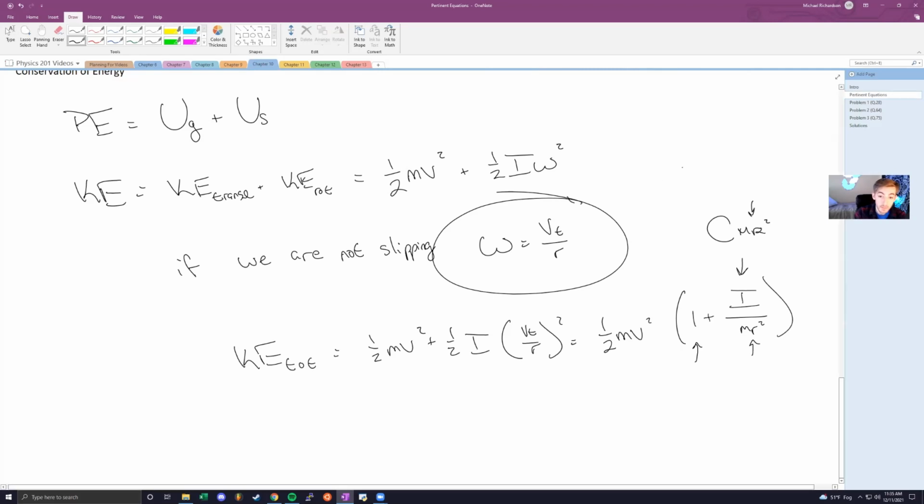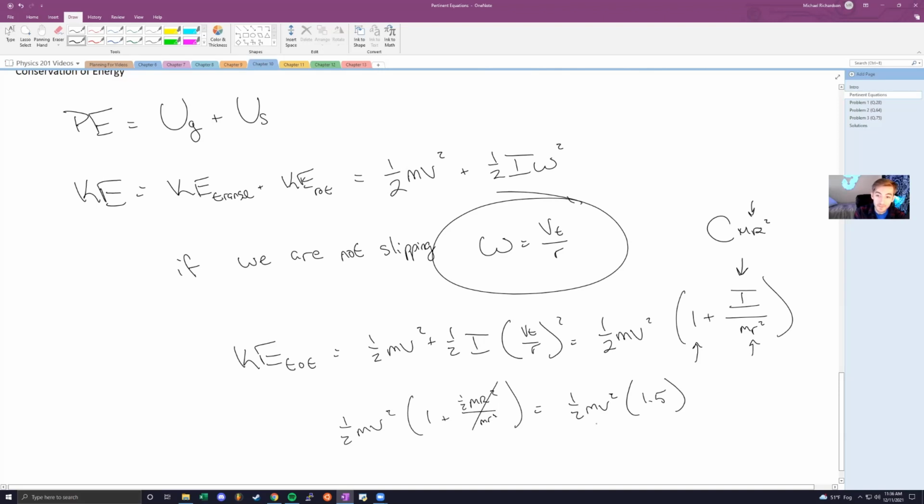So let's say we're dealing with a disk or something, then we'd have that this is like 1/2 mv squared, and then it's 1 plus 1/2 mr squared divided by mr squared. All those would cancel, and we find that the total rotational kinetic energy, or the total kinetic energy of the system, including the rotational aspect of it, would now be 1/2 mv squared times 1.5.